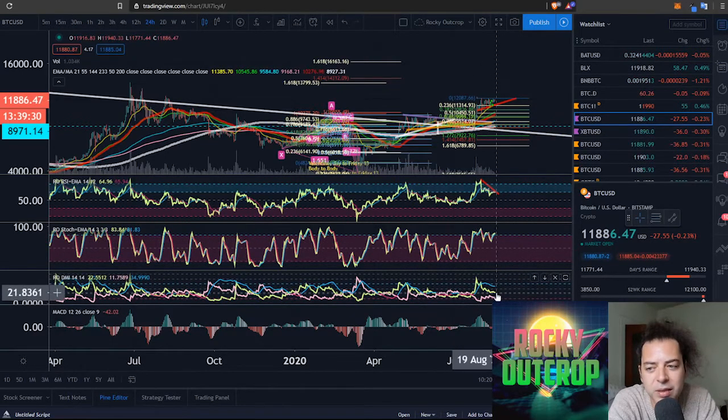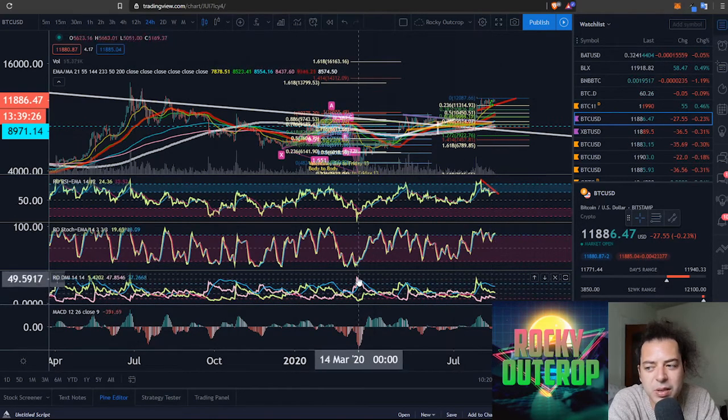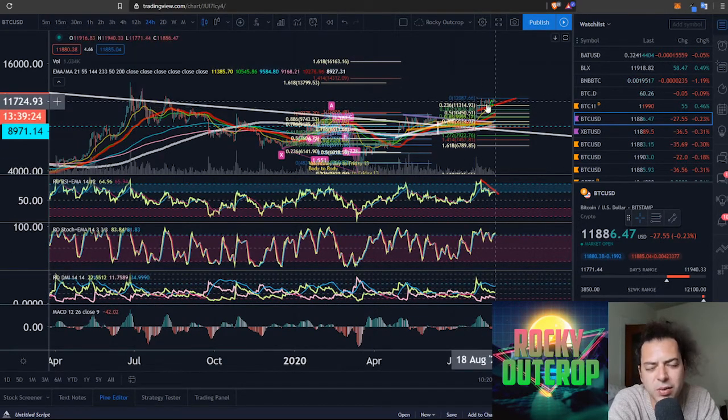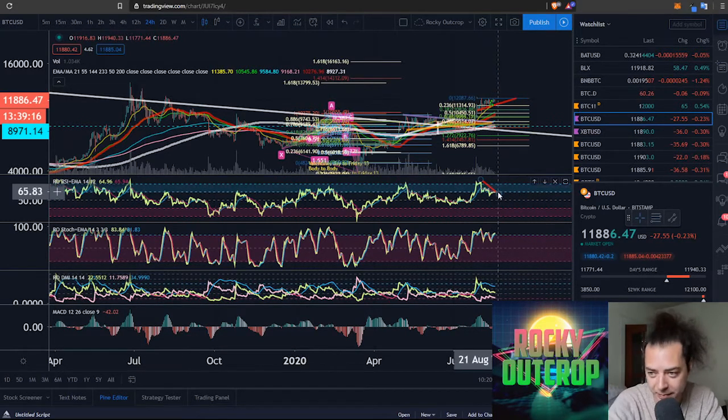Having had this recent period of cooling off, which hasn't really seen the prices contract very much at all, you could see the prices continue to go up purely based on the fact that these indicators have had an opportunity to cool off somewhat, such as the RSI coming back down to where I have this drawn in as the edge of the bullish control zone.